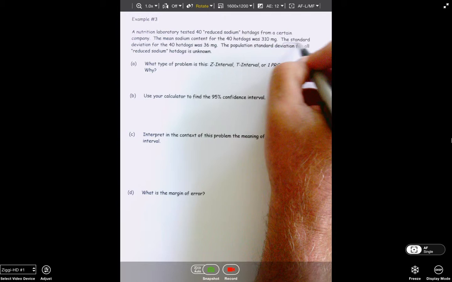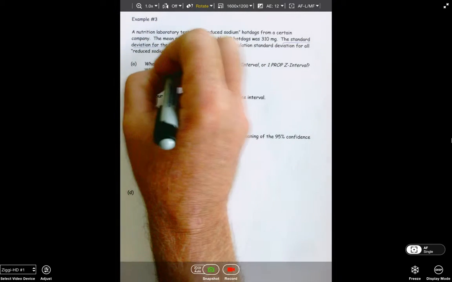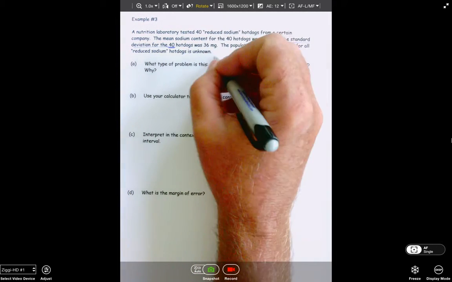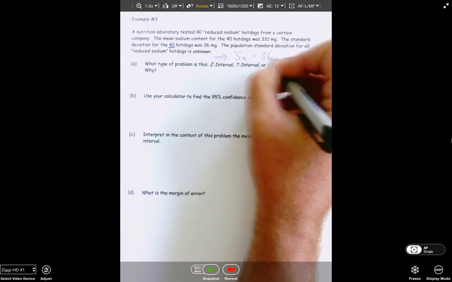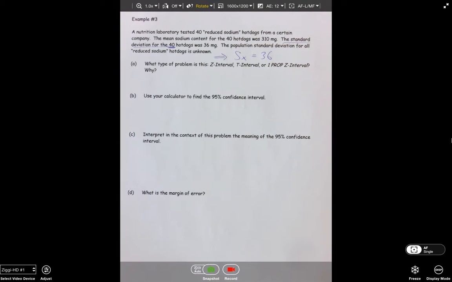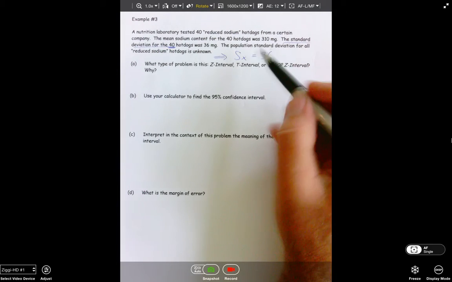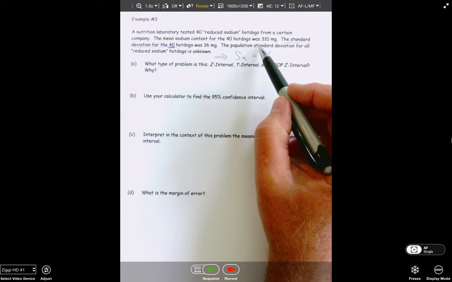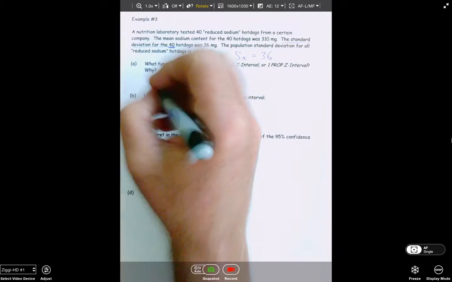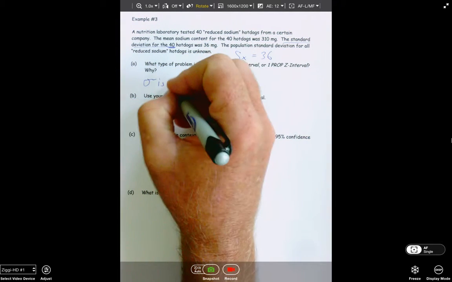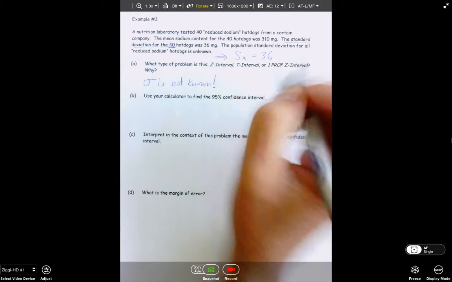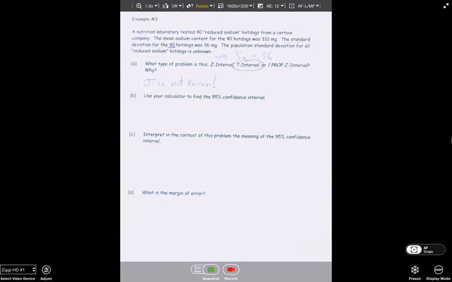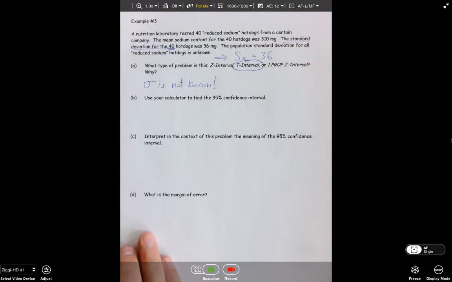The fact that it tells us that it's the standard deviation for that specific sample tells us that the standard deviation for the sample was 36, so Sx. Plus, we have the added luxury here that says the population standard deviation is unknown, so sigma is not known. Well, guys, hopefully I've taught you enough by now that you know that's a classic case of a t-interval.